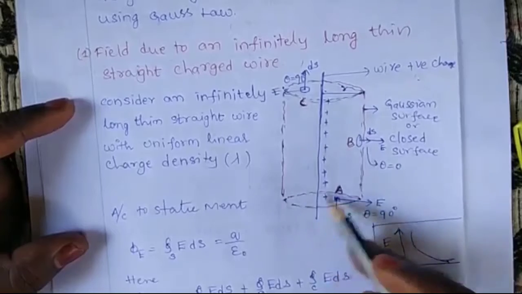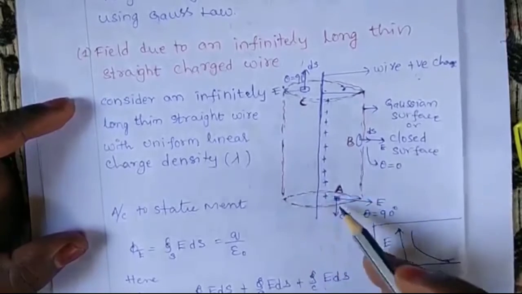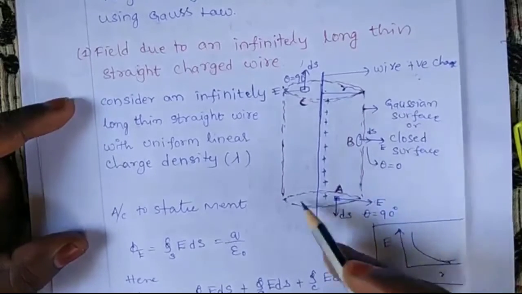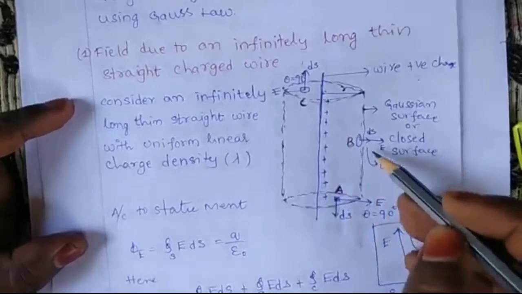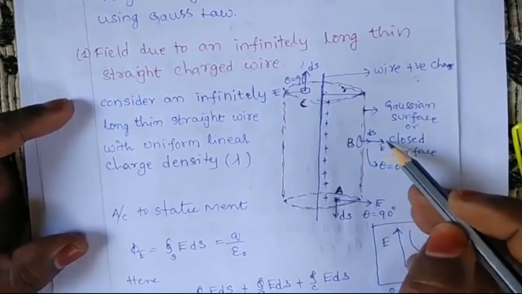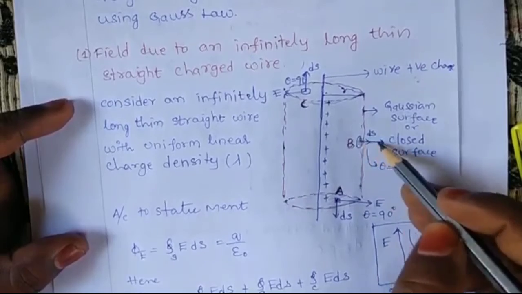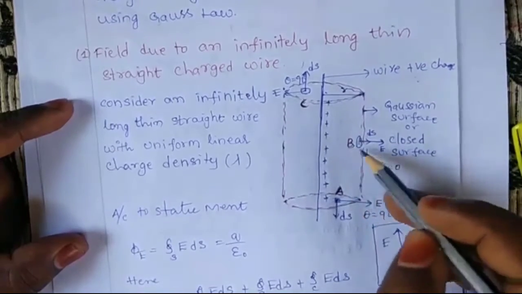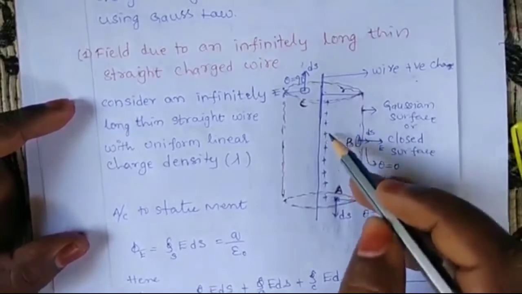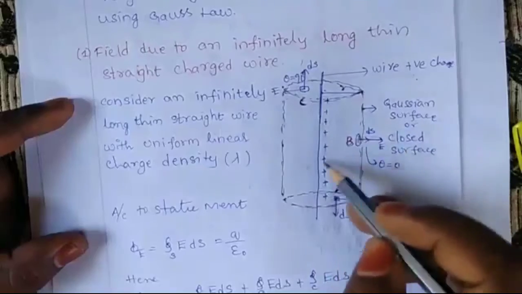The area vector is always perpendicular to the area. At B, the electric field intensity and the area vector are in the same direction, because the electric field intensity is always normal to the charged body.